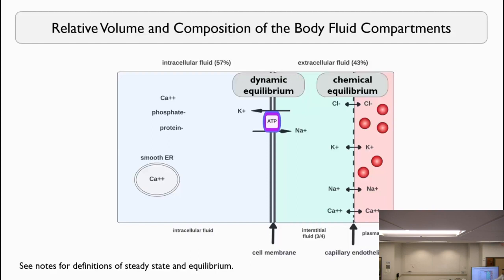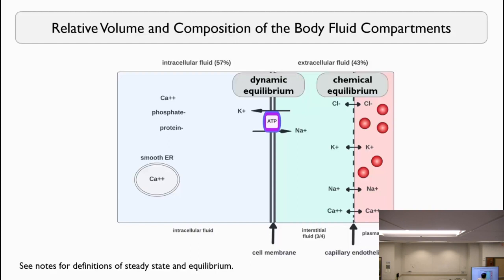What separates the intracellular from extracellular? The cell membrane, which we are going to talk about more. It's a selectively permeable membrane. It's only permeable to substances that don't have electrical charge, for example alcohol, oxygen, CO2.